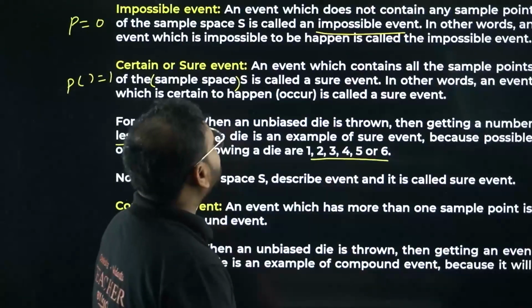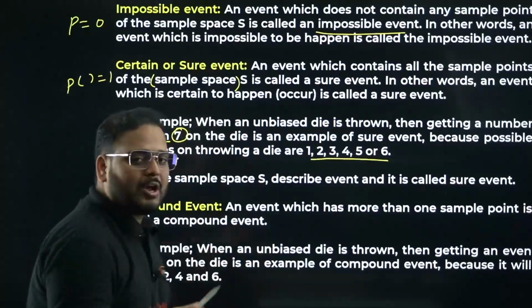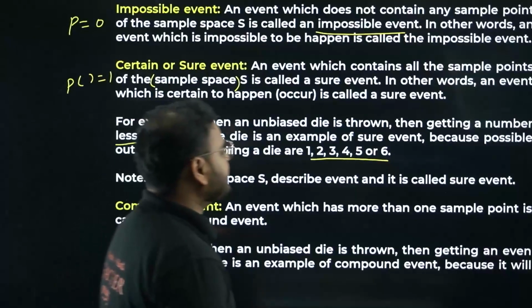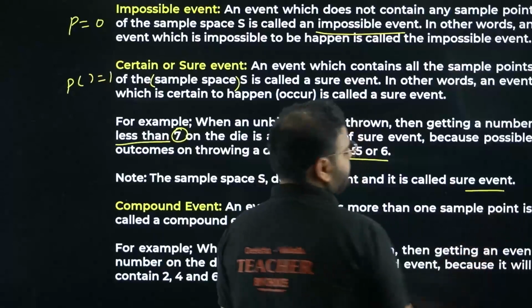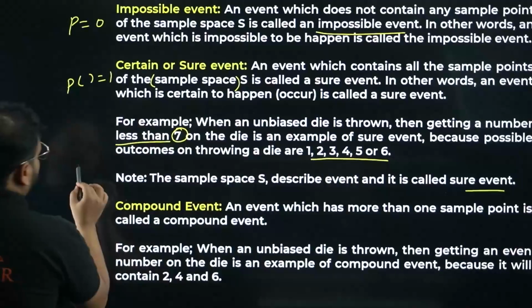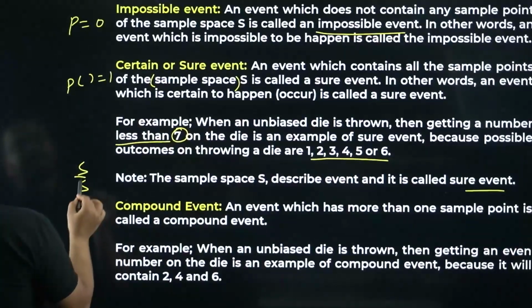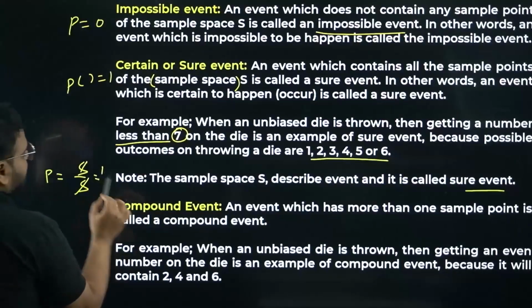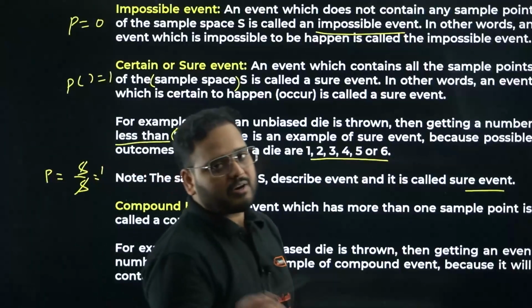Yes or no? Please check. So in that case you can call this a sure event. The sample space S describes the event, and it is called a sure event. Basically you'll have S by S, so it will become simply 1. The probability will become simply 1, as all sample points will be part of the sample space.